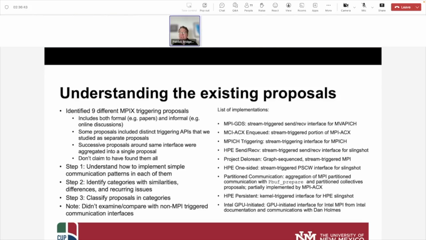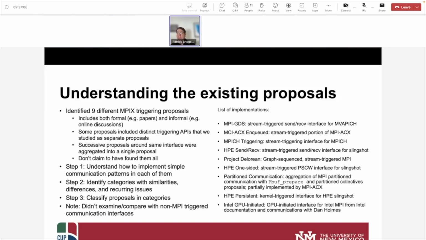One note, we didn't focus on non-MPI triggered communication interfaces. We didn't look at, to pick the obvious element, InfiniBand memory networks, right, which do GPU triggered communication, because it wasn't an MPI interface.